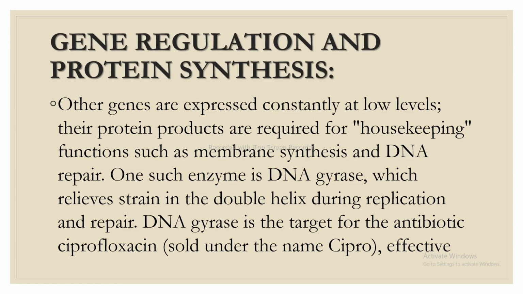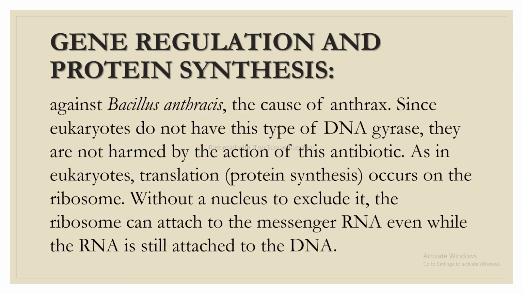DNA gyrase is the target for the antibiotic ciprofloxacin, which is sold under the name Cipro, effective against Bacillus anthracis, the cause of anthrax. Since eukaryotes do not have this type of gyrase, they are not harmed by the action of this antibiotic.